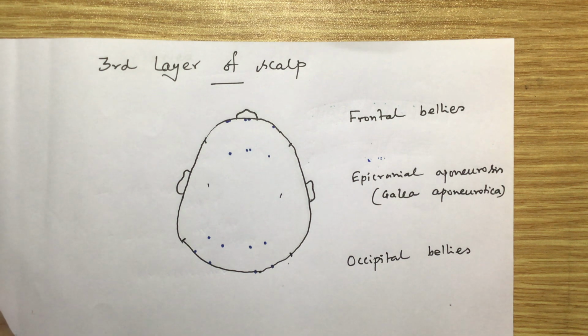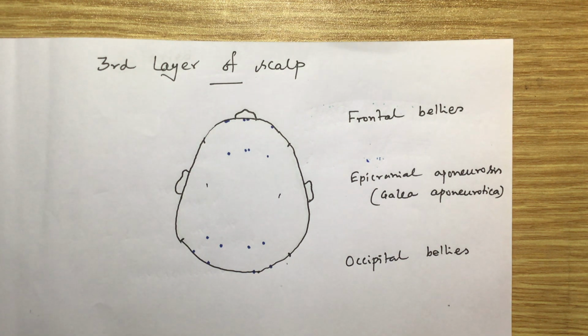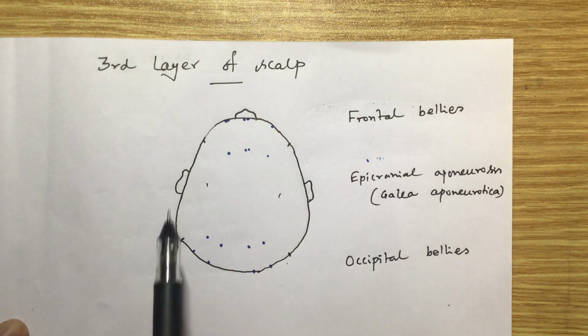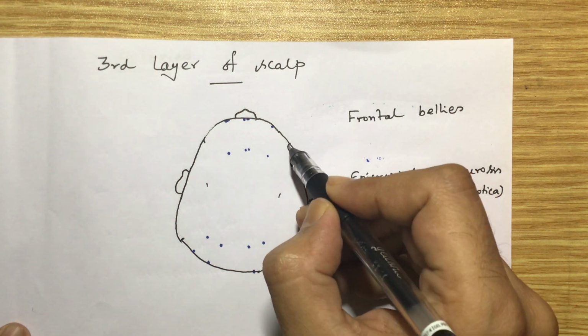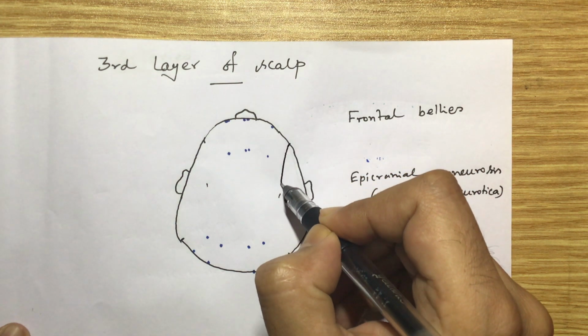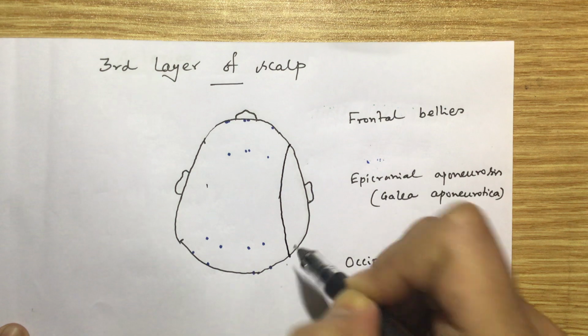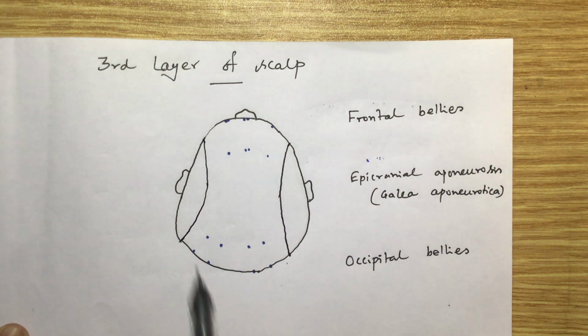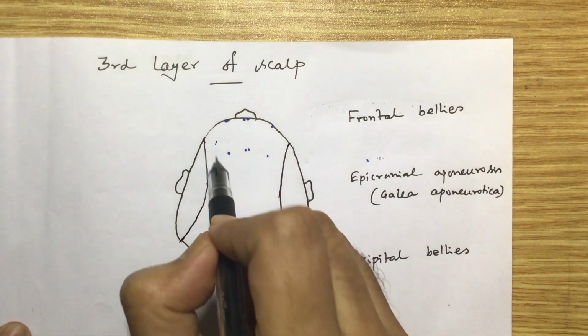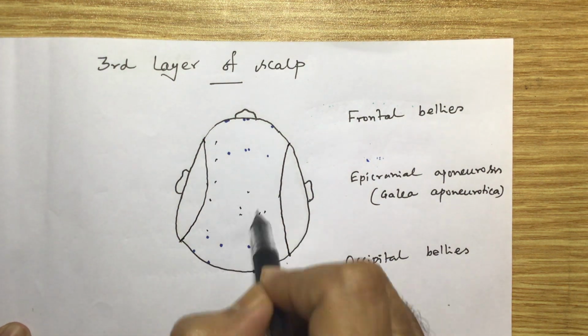Suppose we are looking at the scalp from above. Anterior part, posterior, both ears, and suppose this is the aponeurosis which extends like this. So this thing is the aponeurosis.